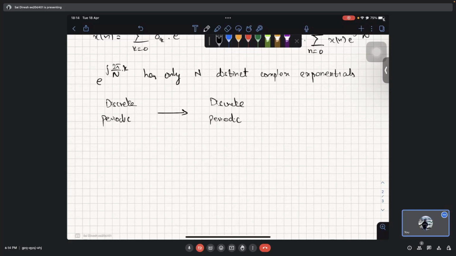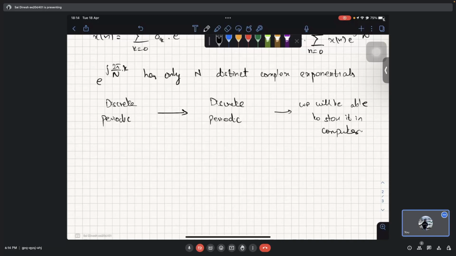Since it is discrete and periodic, we will be able to store that in a computer, and since it is periodic, we only need to save one period of the sample of the signal.